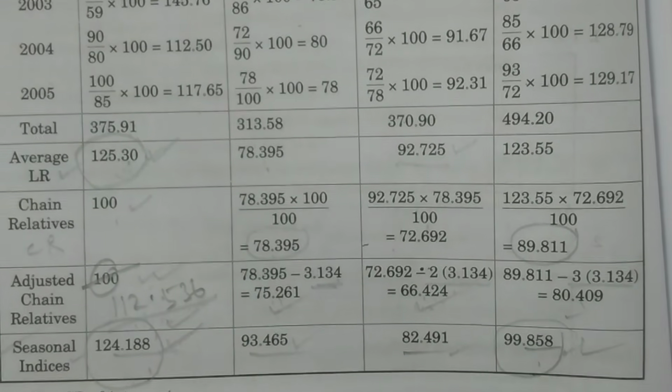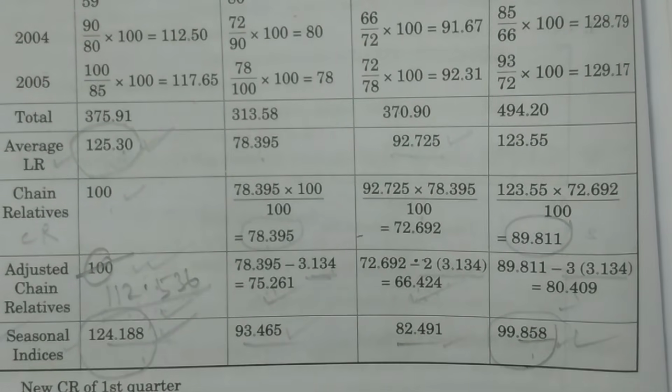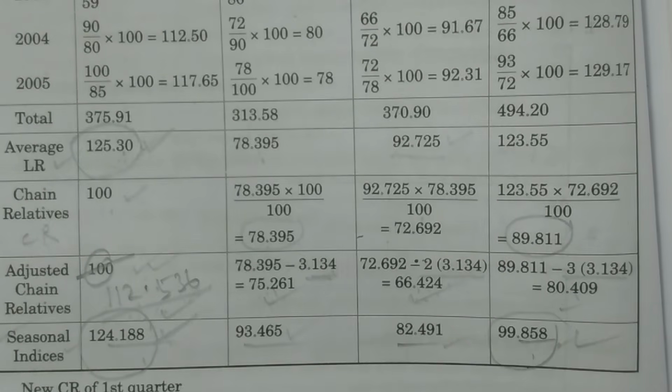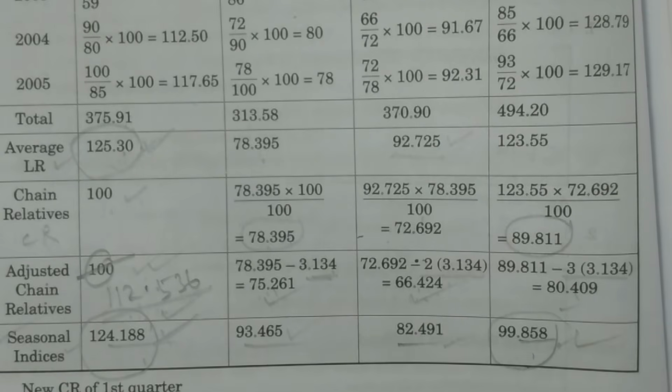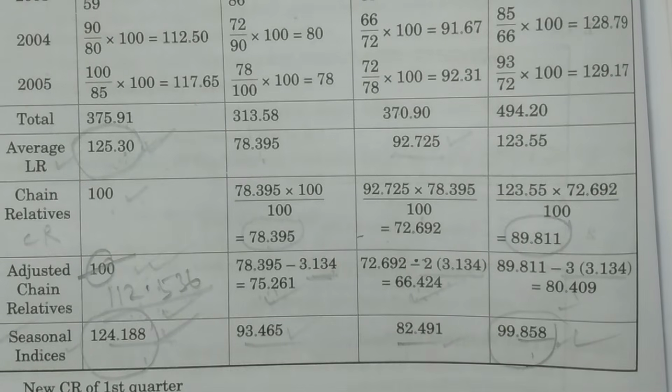In the first season, they have to concentrate more than in the remaining quarters. That is the conclusion from this method of calculating the seasonal index numbers.